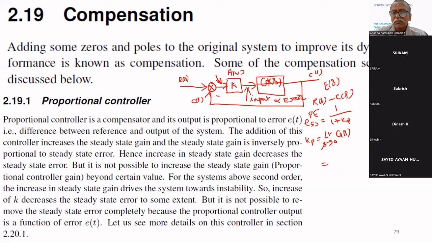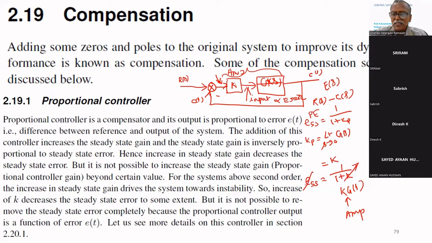The system is K multiplied by G of s, where K is the amplifier. Because these two blocks are cascaded, we multiply K with G. Since it is a type 0 system, Kp equals K. Therefore, E steady state equals 1 by 1 plus K.